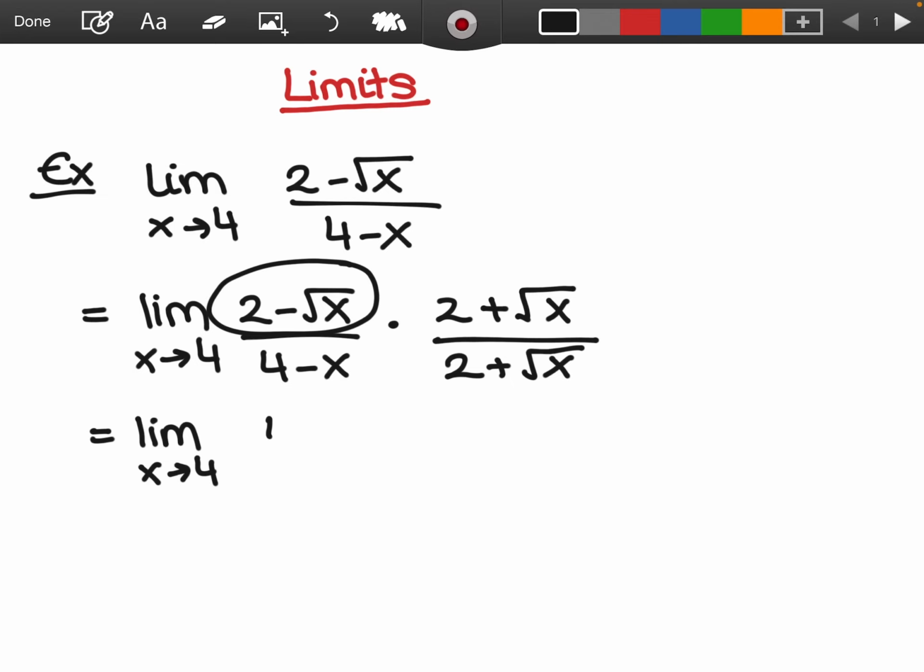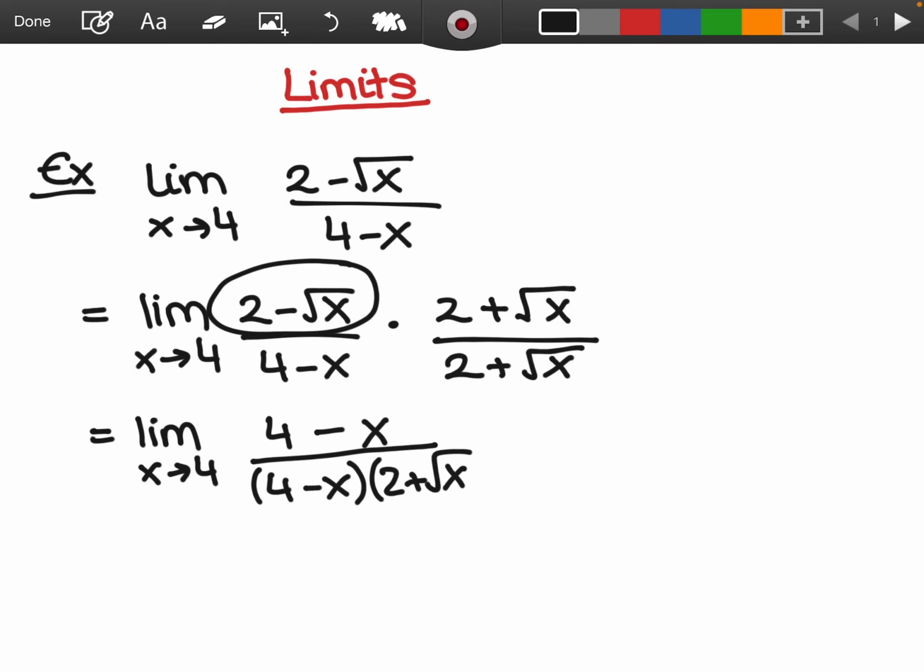So when I multiply two fractions, I just multiply straight across the top and straight across the bottom. So the top would give me 4. Then I would get 2 times the square root of x minus 2 times the square root of x, so those terms would cancel, and then I would get negative root x plus root x, which would give me minus x.